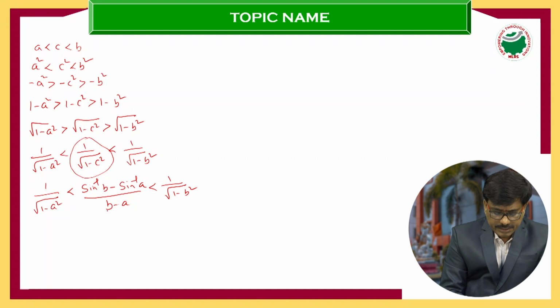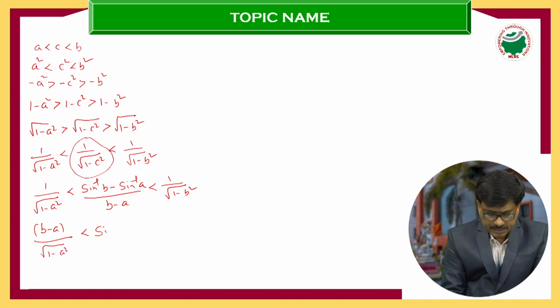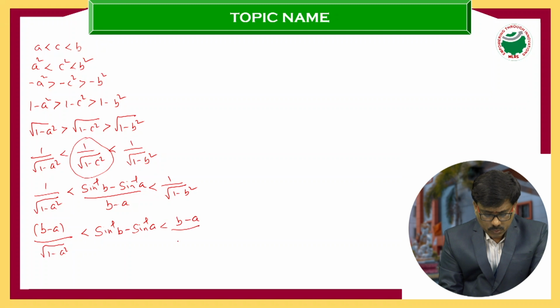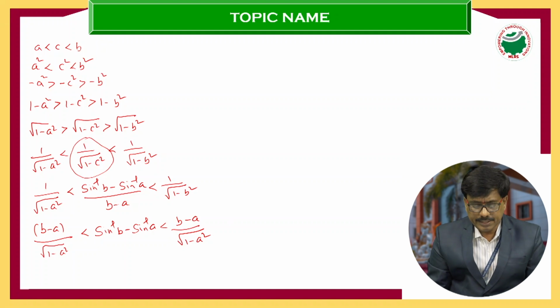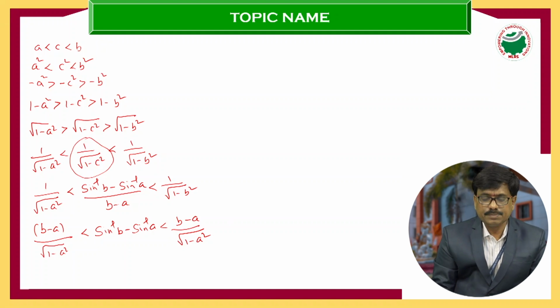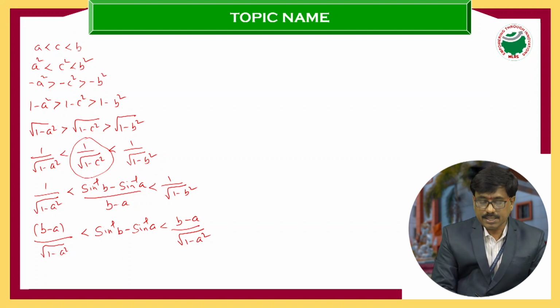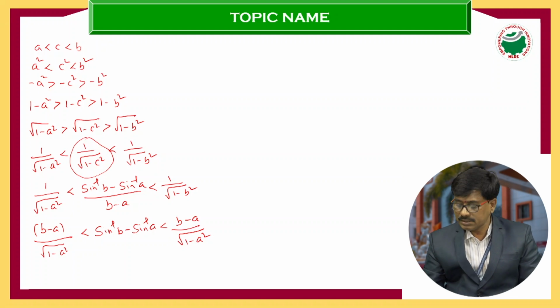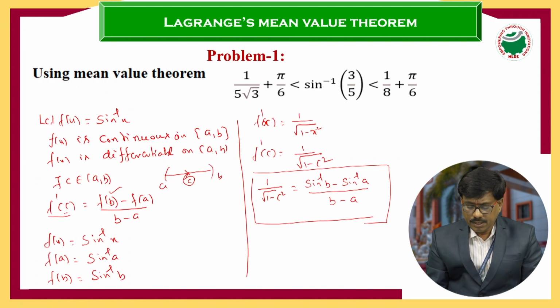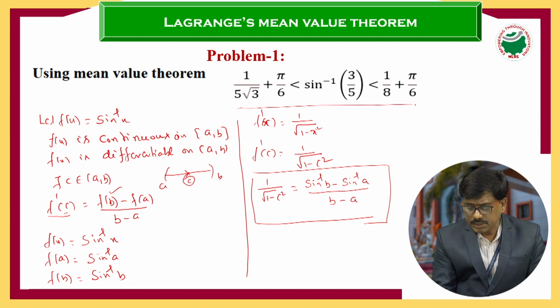If I rearrange this inequality, B minus A whole divided by under root of 1 minus A square less than sine inverse of B minus sine inverse of A less than B minus A whole divided by under root of 1 minus B square. Now we have proved the inequality.